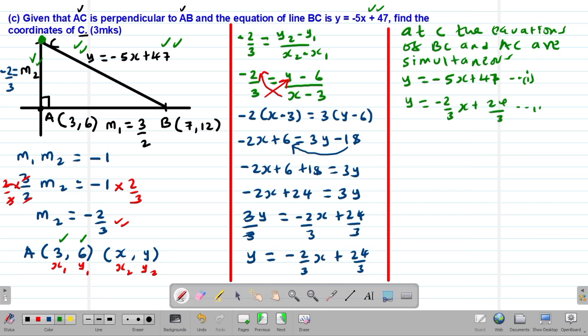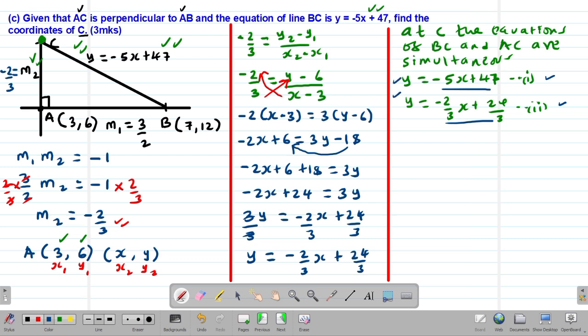I'll let this be my second equation. If I use substitution method, it simply means that where I have y, I'm going to substitute with the second value. Since both are equivalent to y, I can equate this part to this other part.